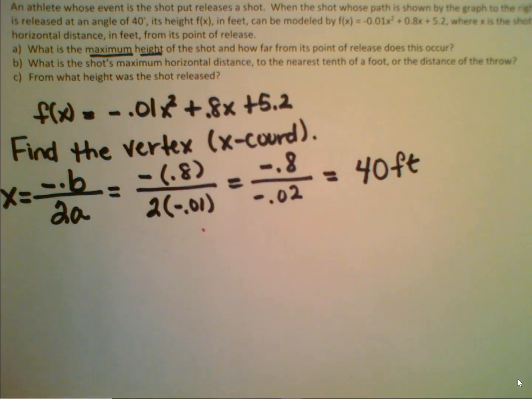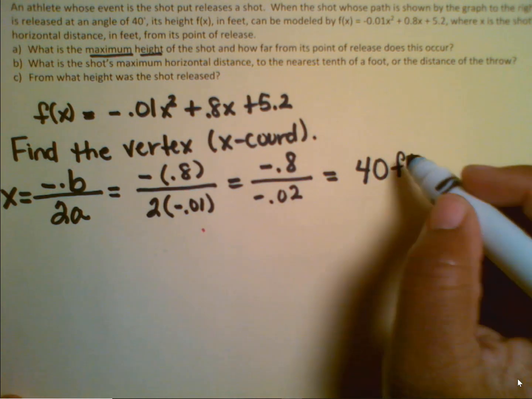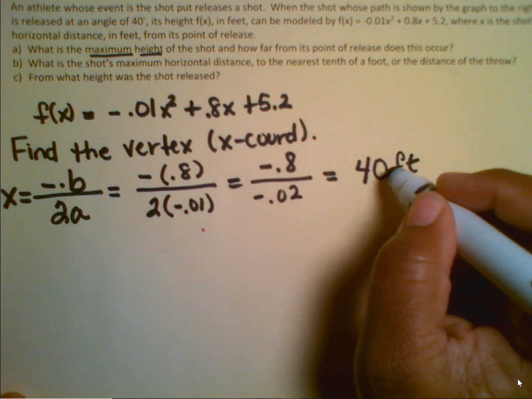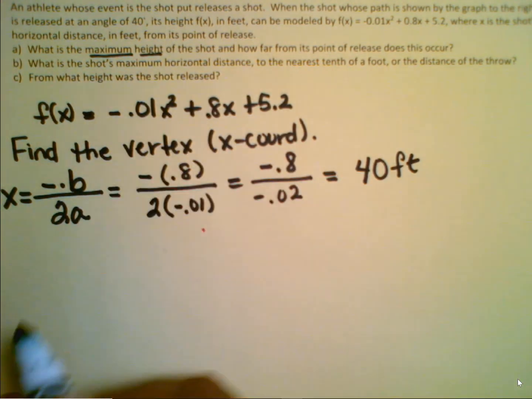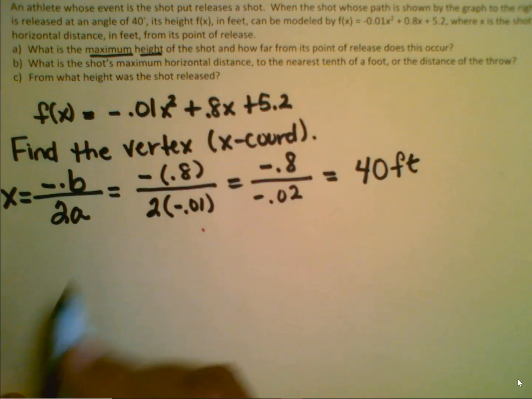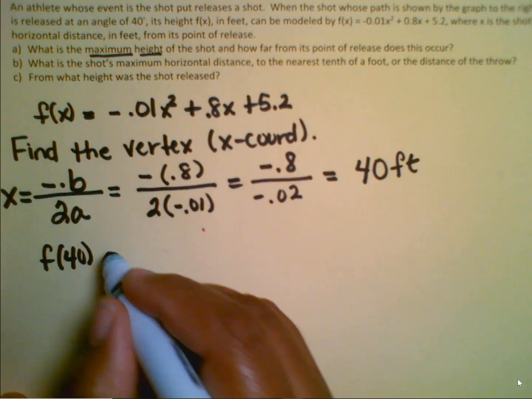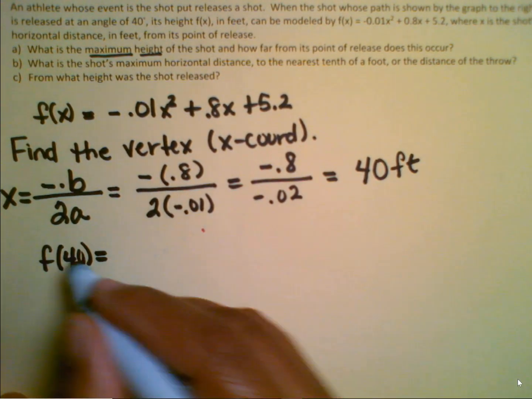So what we're going to do, we're going to take our x coordinate, which is 40 feet, and plug it back into this formula for f of x. So at 40, meaning we have our x coordinate, find the y.